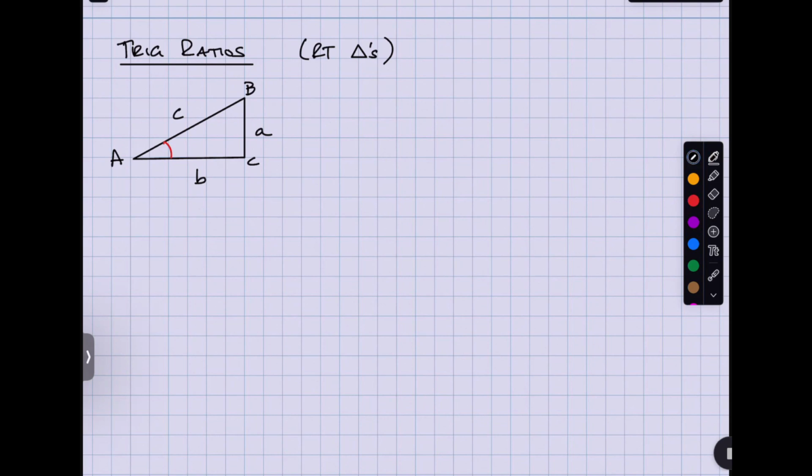If I was to look for sine of A, the sine is always going to be the opposite over the hypotenuse.